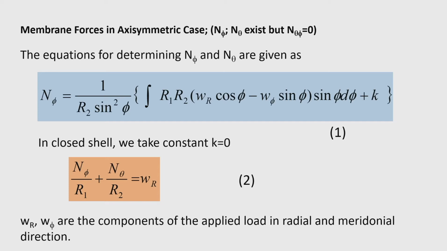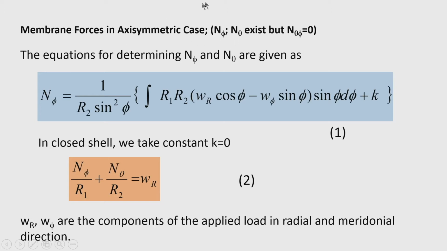So, the only quantities that have to be found out are N theta and N phi. N phi is the membrane stress along the meridional direction, and N theta is the membrane stress along the tangent to the parallel circle, that is, the circumferential stress.